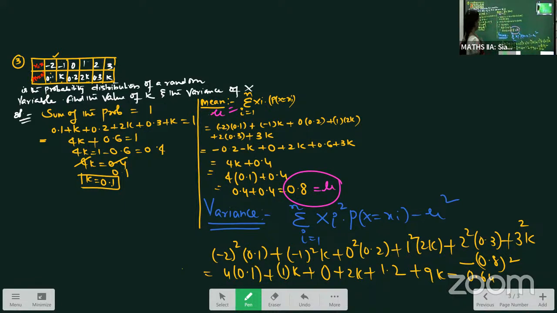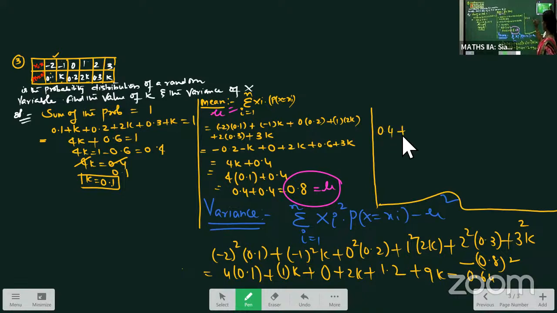Now this is 0.4 plus k, and this is 2k, and this is 1.2 plus 9k minus 0.64.